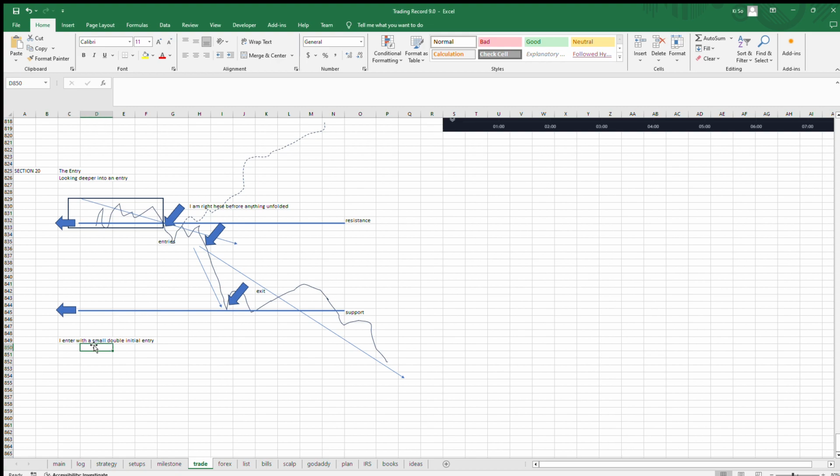And then when the scalp number hits, take off the second trade and allow the first trade to continue.